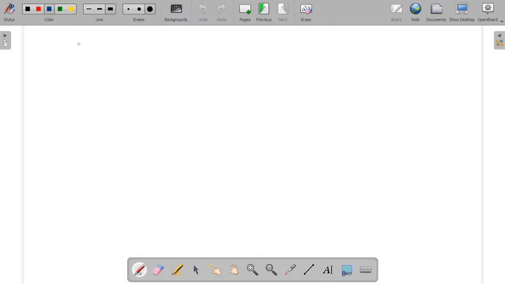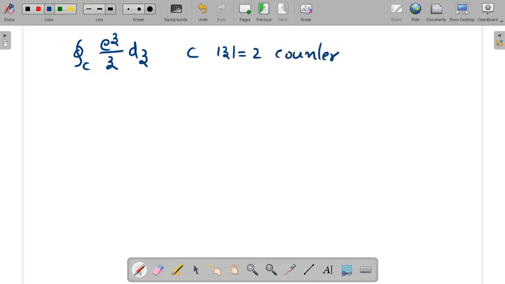Evaluate integral over C of e^z/z dz, where C is the contour mod z equal to 2 counterclockwise, and mod z equal to 1 clockwise.